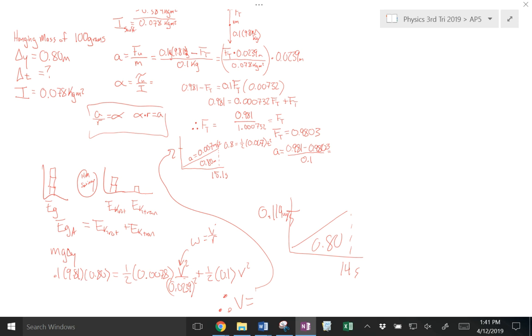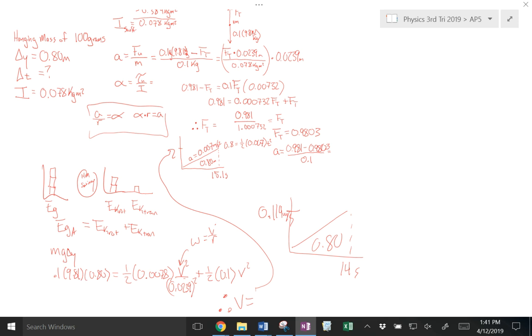Equals 1/2 m v squared, and then 1/2 I omega squared, and I'm substituting in v over r for omega, so that's why I have v squared over r squared. What's the equation for rotational energy? I didn't take the square root of what I had there. 0.8 times 2 divided by 0.114.